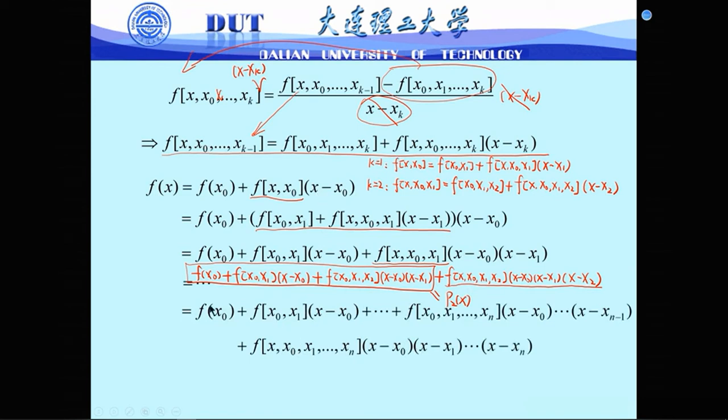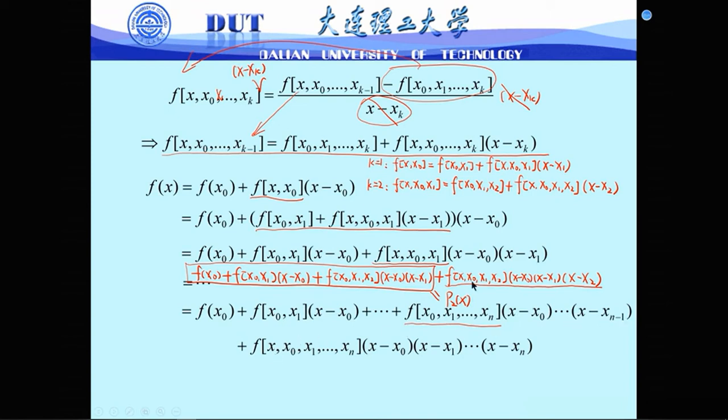Okay, up to here. Now you see, the first term is f[x0] plus f[x0, x1] multiplied by (x minus x0). Now we can obtain the nth order divided difference. Then here should be (x minus x0) multiplied up to (x minus x(n-1)). Okay?